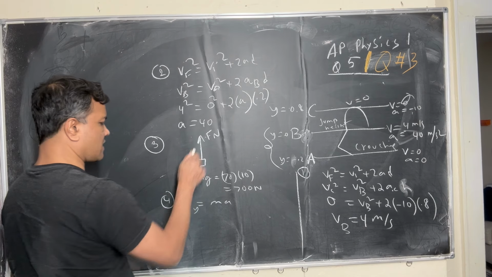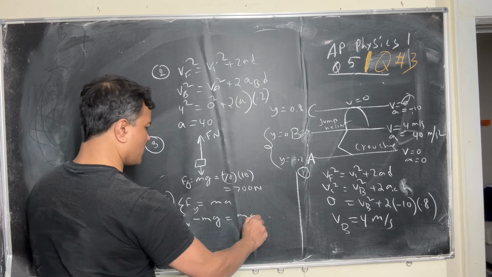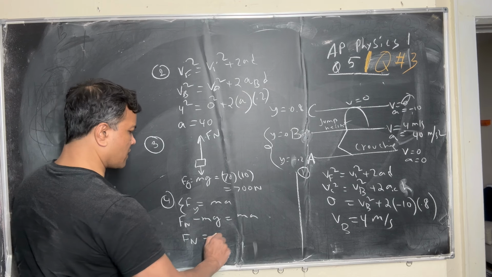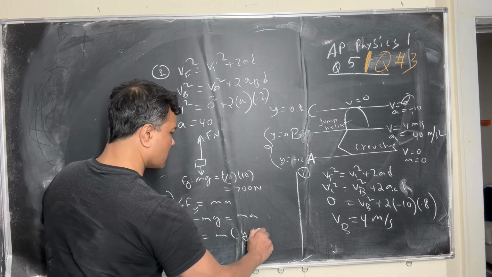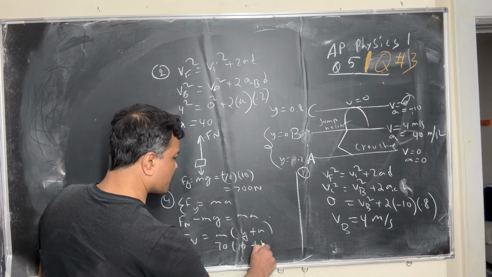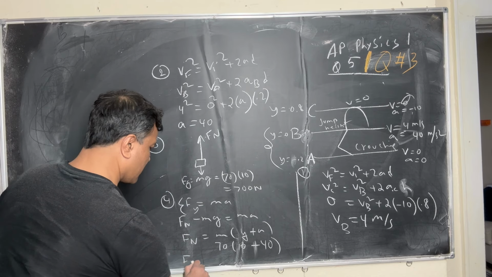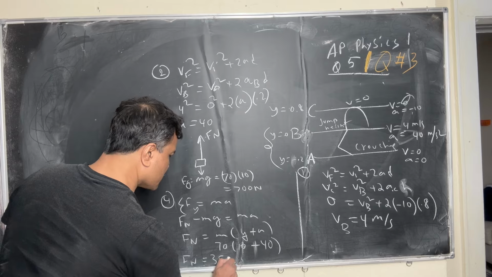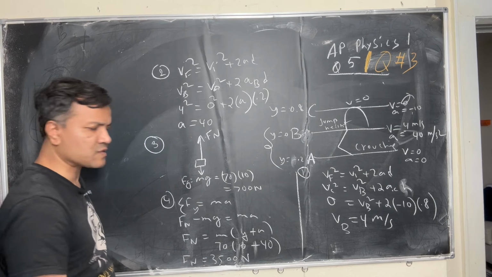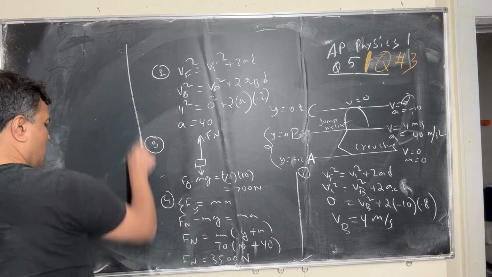What are the forces? Fn minus mg is equal to ma. So Fn is equal to mg plus ma. So m is 70, g is 10, a is 40. So 50, so Fn is 3500. Many people wrote that, but this is normal force, not the net force, not what I asked you.